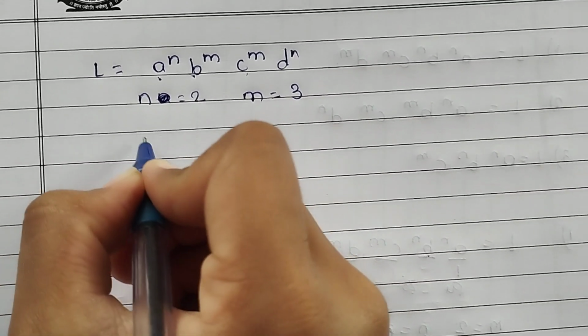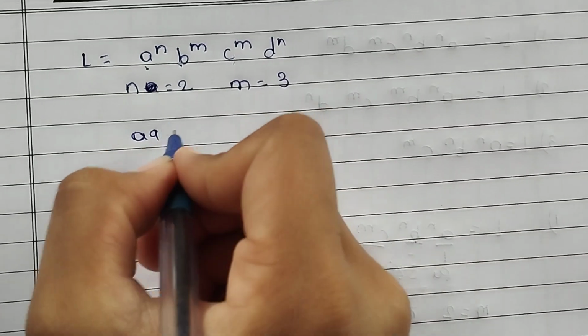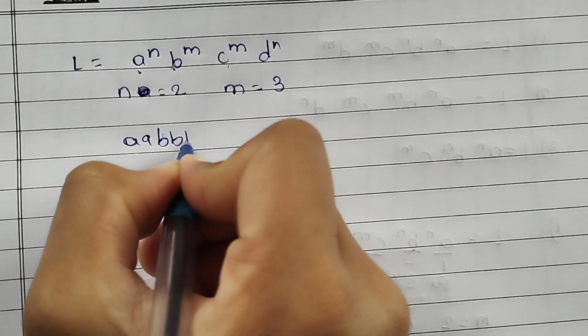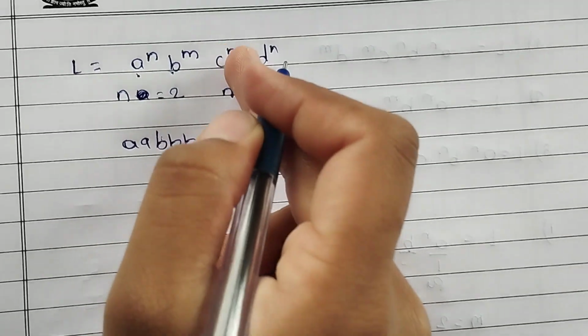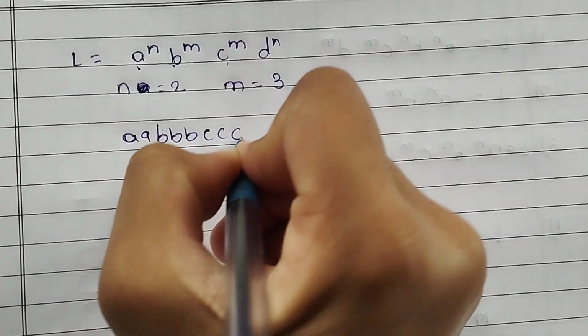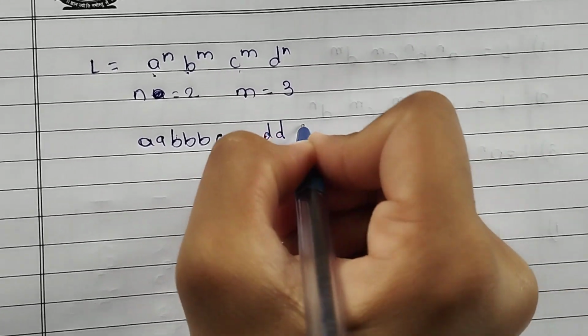The example string is A raised to 2, B raised to 3, C raised to 3, D raised to 2. This is the string.